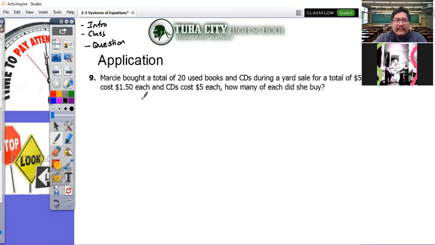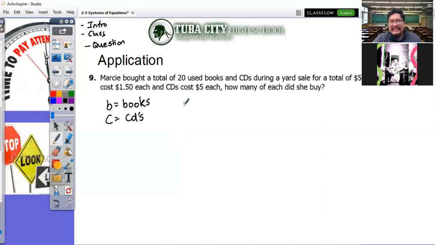We could just use X and Y, or maybe we could use B and C. We'll make B equal books and C equal CDs. Now remember, the first sentence says there's 20 of them.